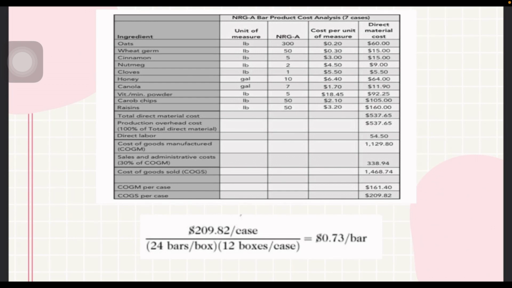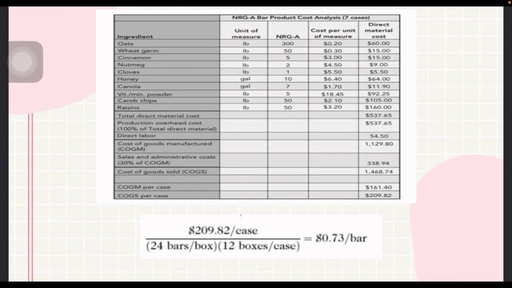Figure 5.8 shows that these are $161.40 and $209.82 respectively. The product cost analysis allows you to determine whether selling 300,000 NRGA bars to a new customer for a price of 0.90 per bar would earn a profit for Fitter.